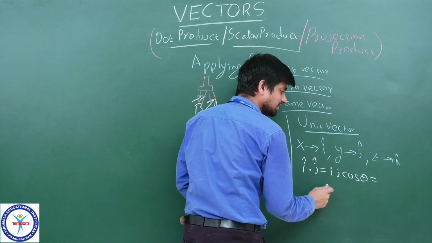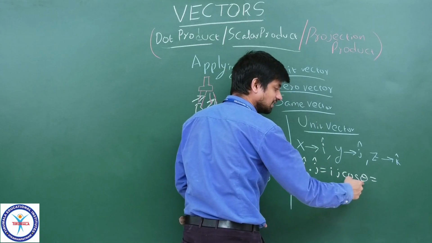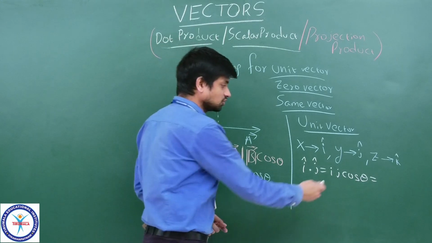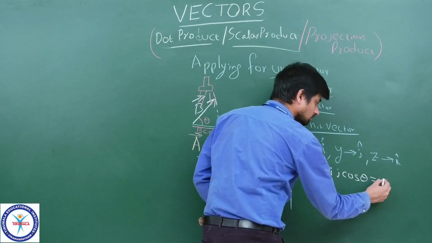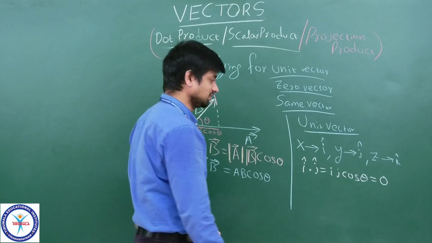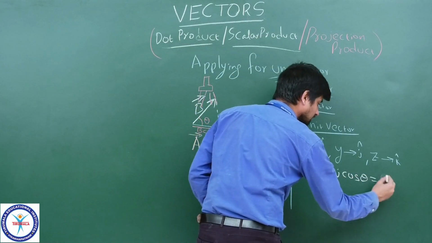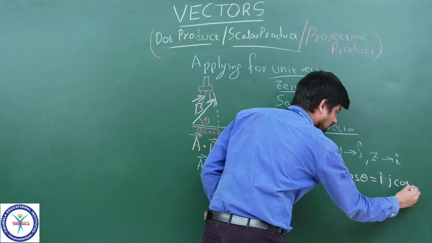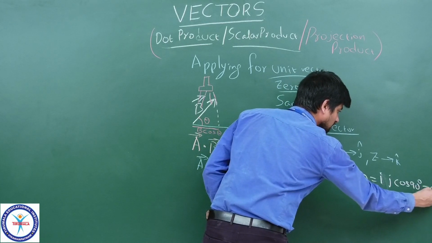The magnitudes of i and j are 1, and theta is the angle between the x and y axis, 90. So, cos 90 gives you 0. i j cos 90 equal to 0.